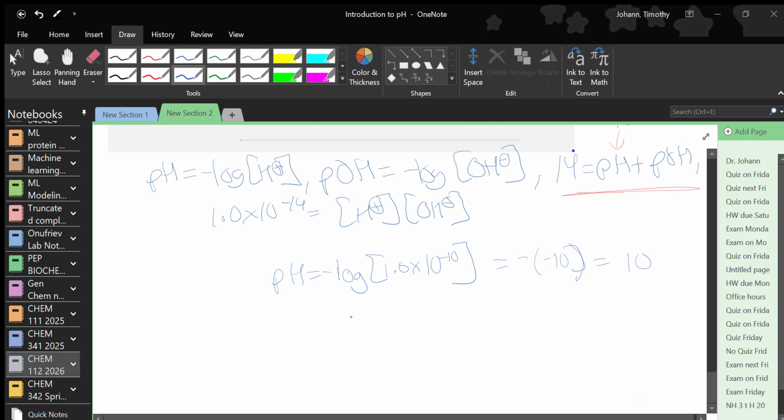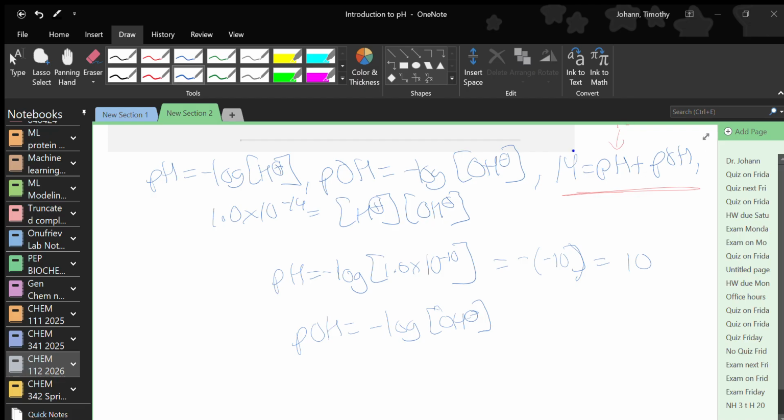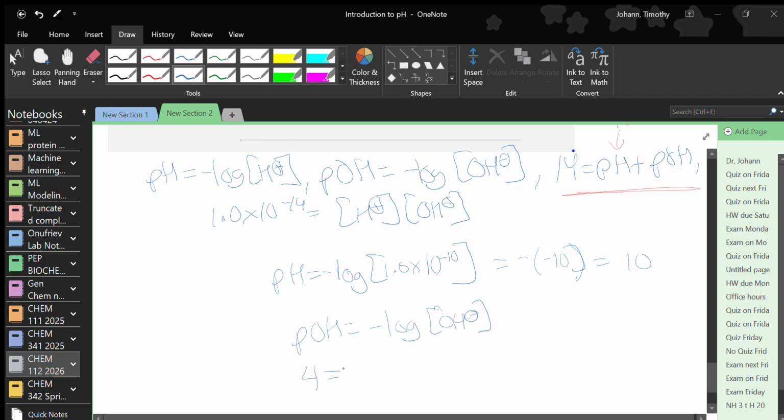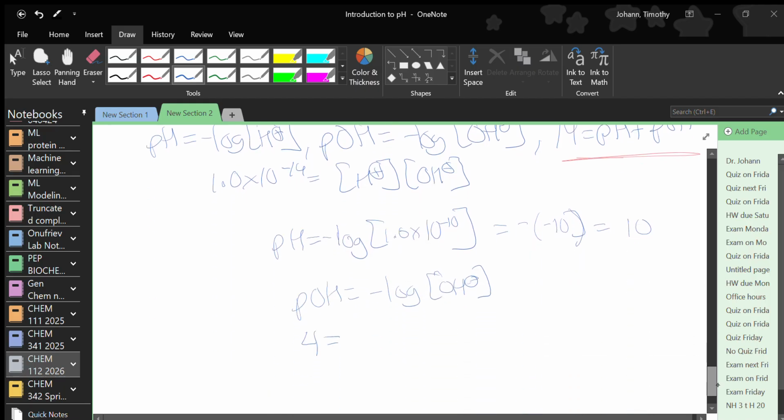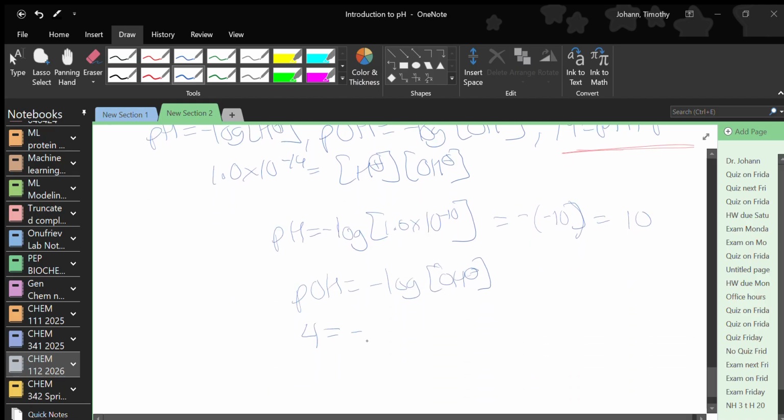So this one's a little harder. If I've got pOH is equal to the negative log of hydroxide concentration, what I would do here is put 4 here because that was my pOH. And that's equal to negative log of hydroxide concentration.